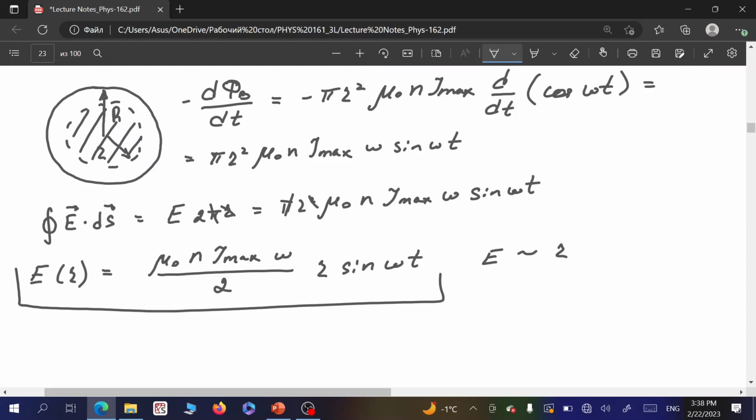It is possible to look at this phenomenon without introducing any current loops. We may have just free space with a time-dependent magnetic field, and we have shown the relationship between the magnitude of the induced electric field and the time-dependent magnetic field. There is a simple relationship between them. In any case, when we have a magnetic field varying over time, it will create an induced electric field.